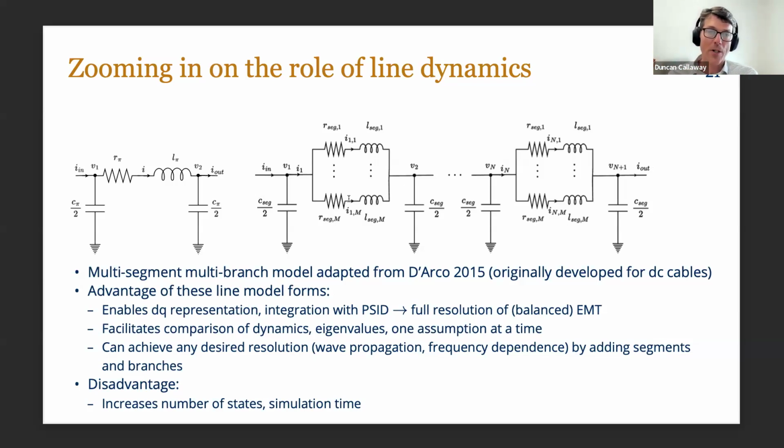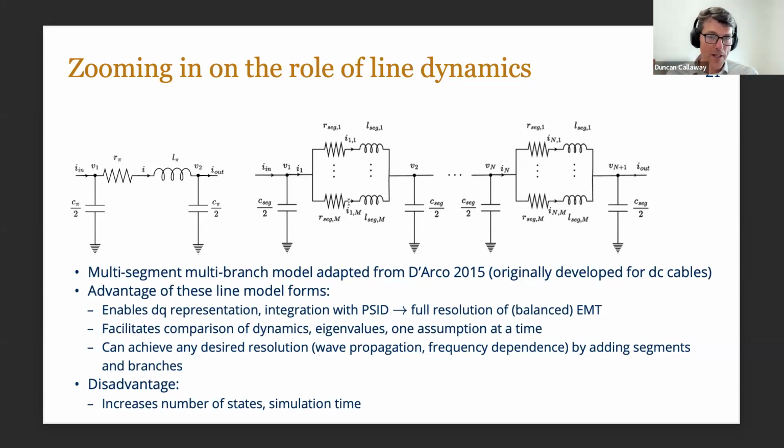But then, in order to capture frequency dependence, you can put multiple segments on each branch. Each segment has a different inductance, and that enables you to provide frequency dependence, that is, depending on the frequency of the disturbance that's propagating on the line, the way it transmits is going to be different.